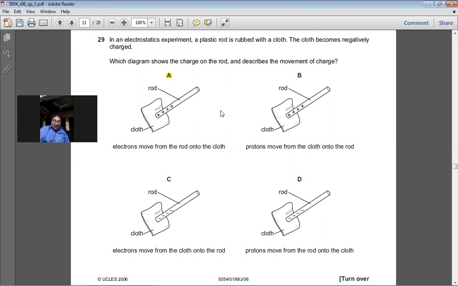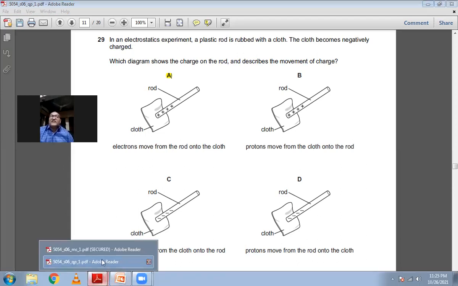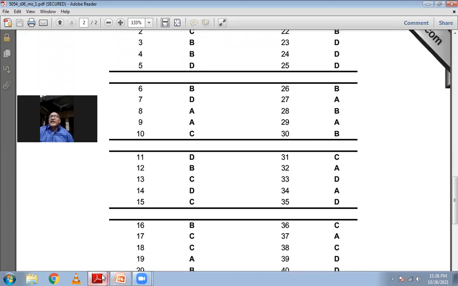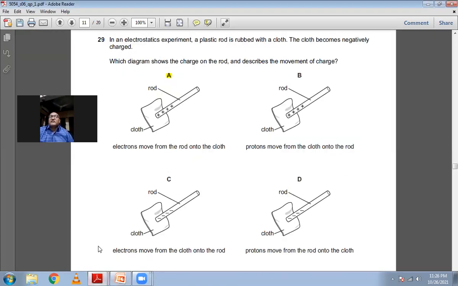If the cloth has become negative and the rod has become positive, it means that the electrons from the rod have gone into the cloth. That's why the cloth is negative. So that is question number 29. A is the choice. So let's check. Question number 29, A is the right choice, sir.